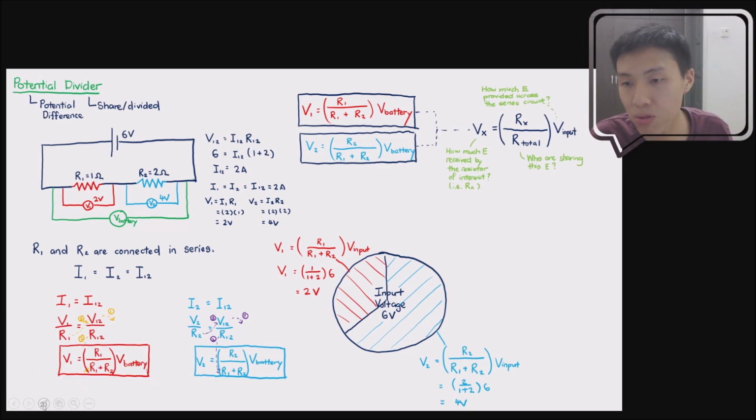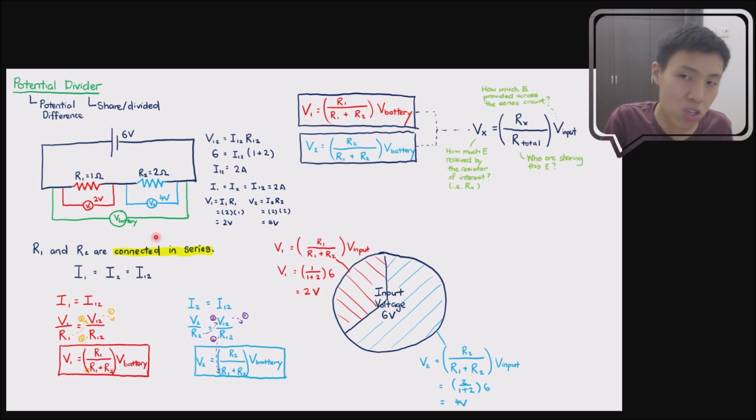If you want to talk about a potential divider, you have to make sure all the resistors that are sharing the voltage, all the resistors that will be dividing the voltage over here, are connected in series. If R1 and R2 are connected in parallel, then this whole thing doesn't make sense anymore. So the concept of potential divider can only apply when our resistors are connected in series.